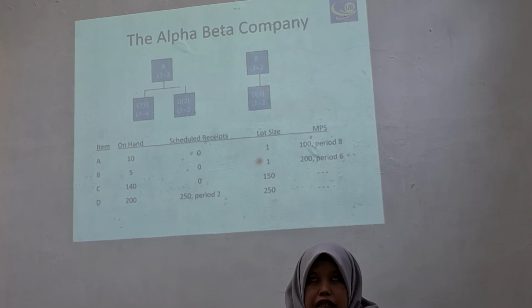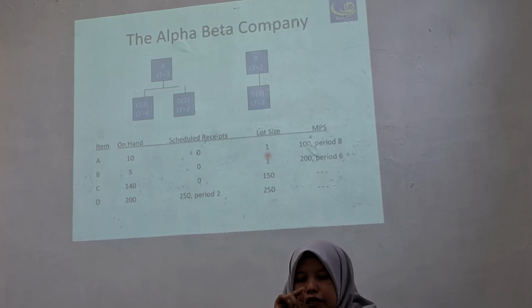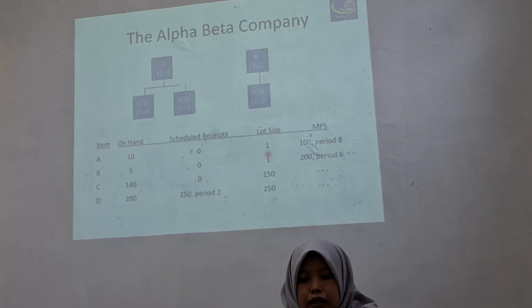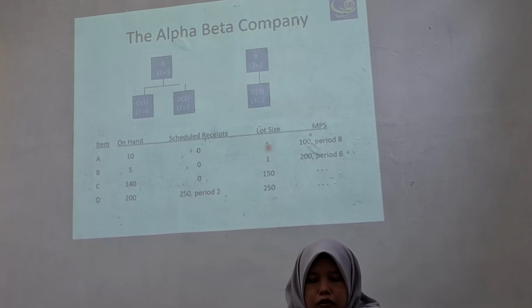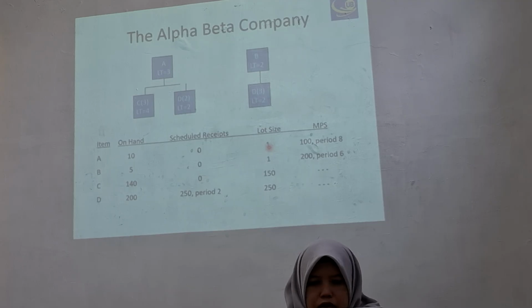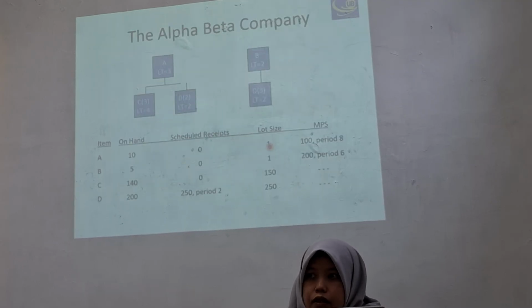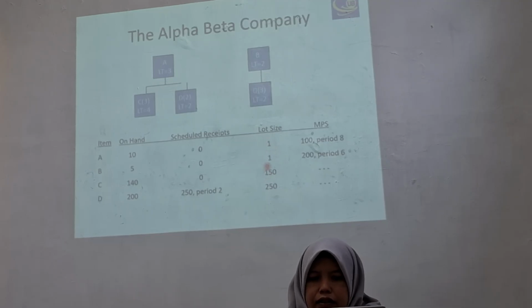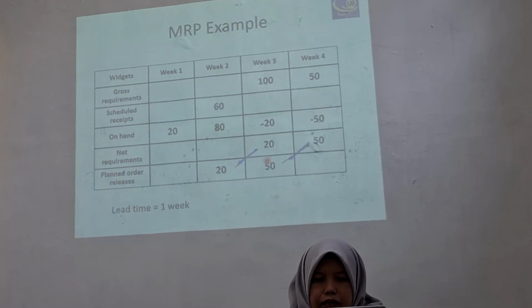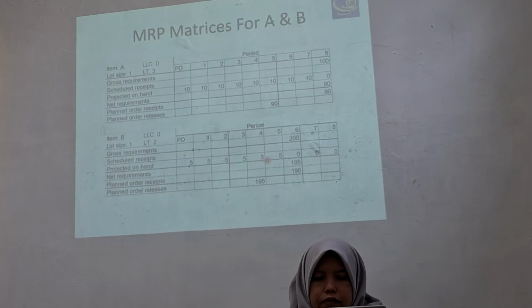Lot size 1 means the same as the net requirement, lot for lot. No order, just 1 unit. How about the lot size 150? The lot size 150 is for C. Oh, for C. Okay, I will explain later. Now B is still B, sorry.